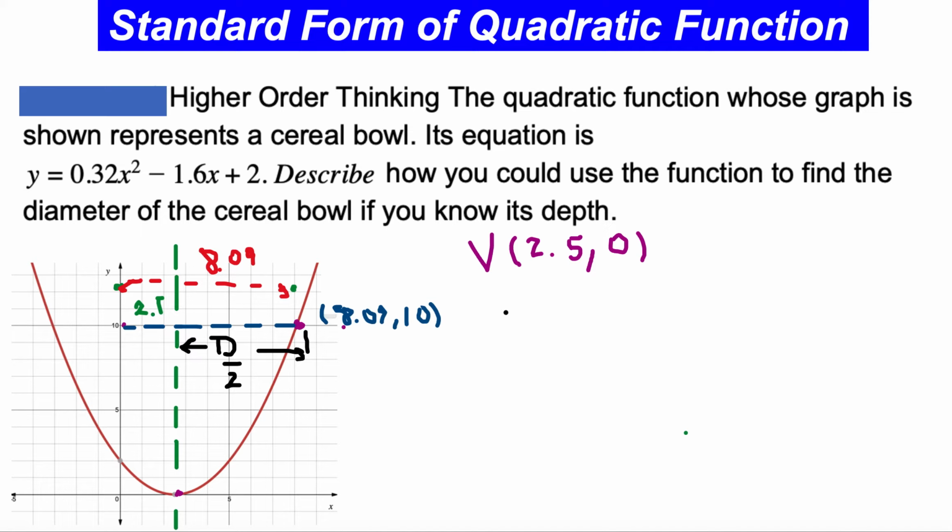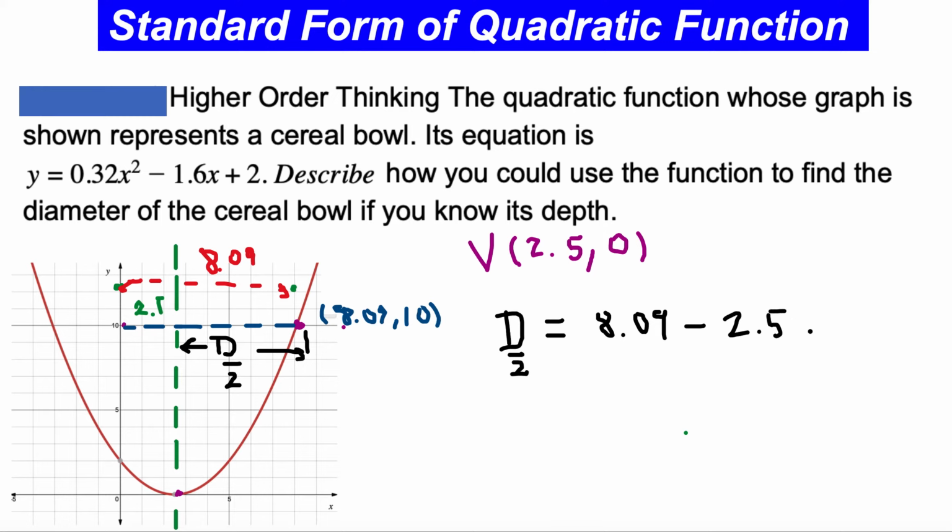It means d over 2 is equal to 8.09 minus 2.5. This is not the whole diameter, it's half of the diameter.